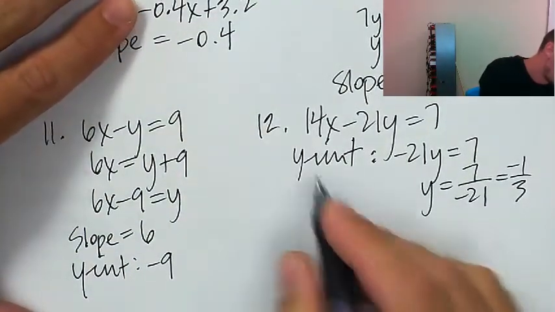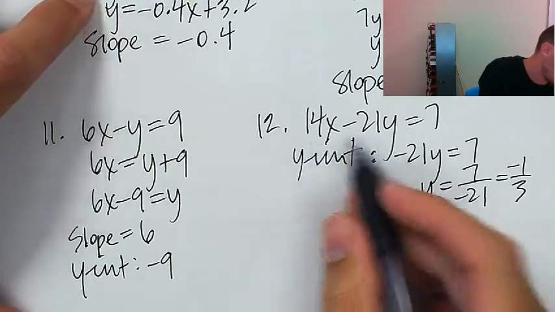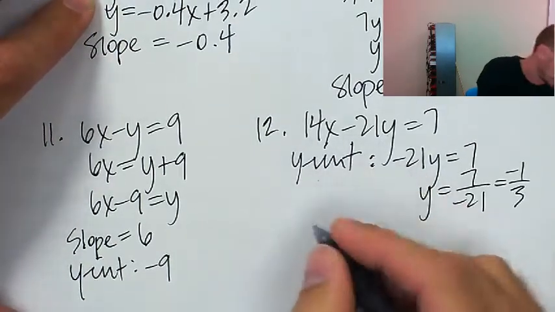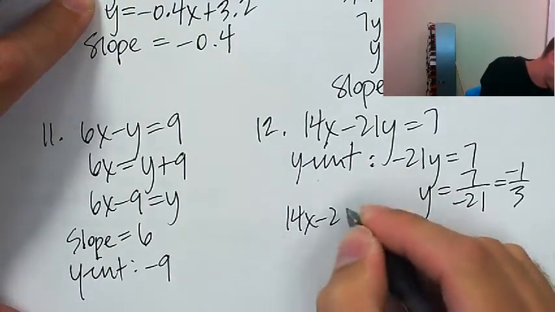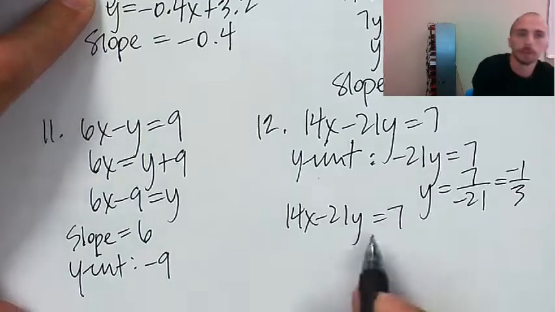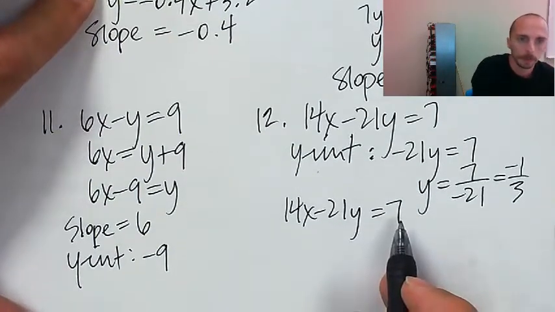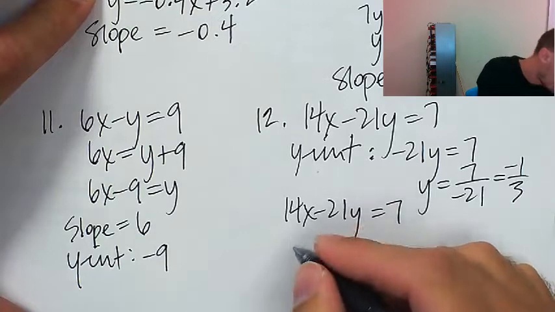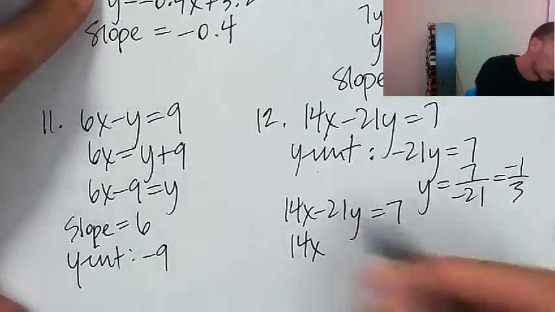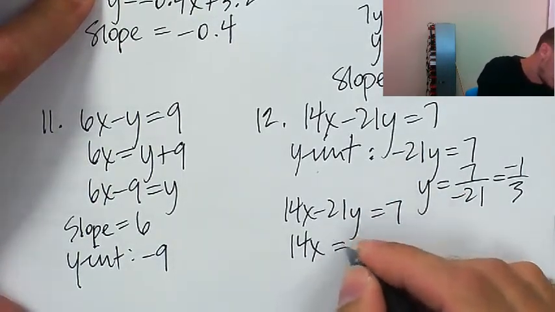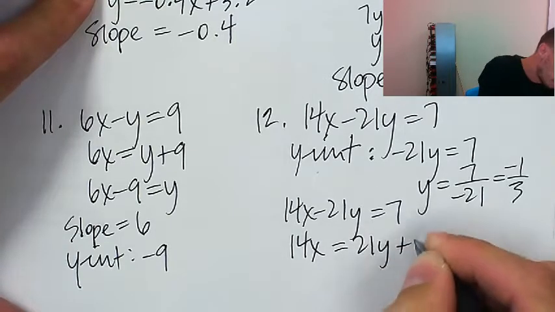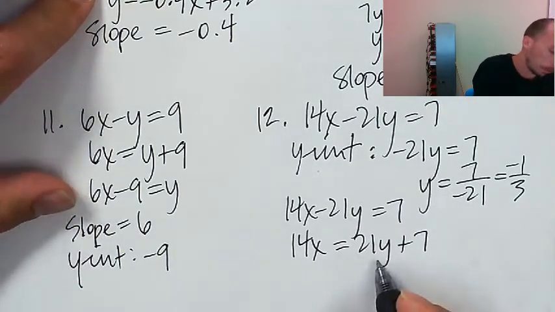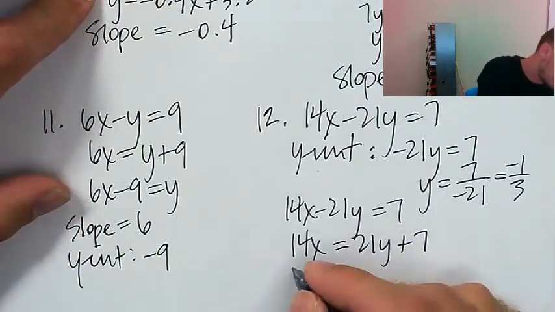If I wanted to solve for the slope, I would start over here with 14x minus 21y equals 7. I'm going to start to solve for y. Maybe I'll add 21y to both sides. I usually would subtract 14x, but it doesn't really matter. Now I'm going to subtract 7.